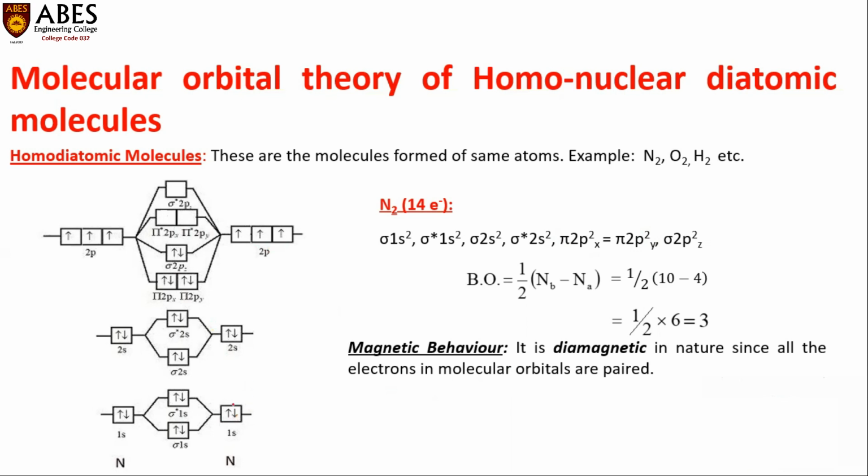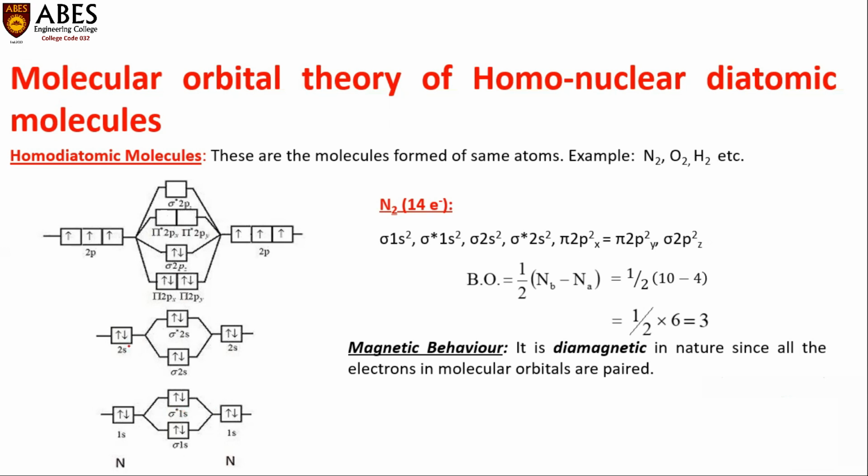So these two atoms will combine and form new molecular orbitals. Now we will see how the filling of the electrons takes place. The 1s of one nitrogen atom will combine with the 1s of the other nitrogen atom, and these two atomic orbitals will form two new molecular orbitals, in which one will be the bonding molecular orbital and the other will be the antibonding molecular orbital.